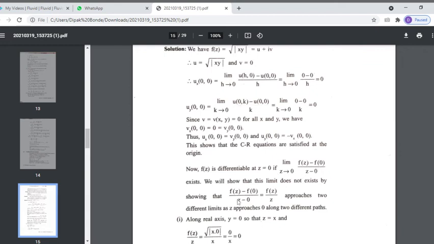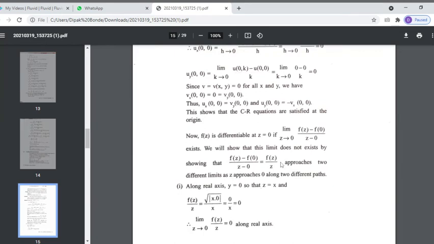So put the value of f(z), which is under root of modulus of xy. So if along the real axis y is equal to 0, f(z) upon z becomes under root of modulus of x into 0, because y is equal to 0, upon x.